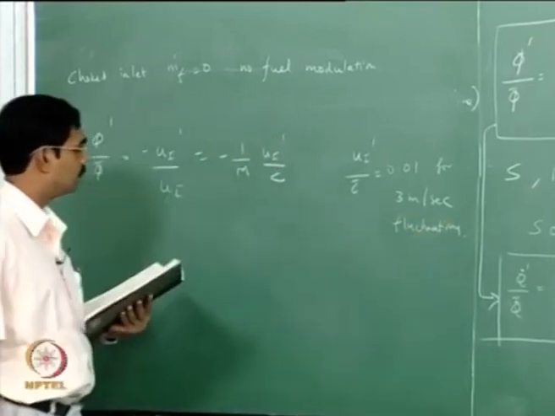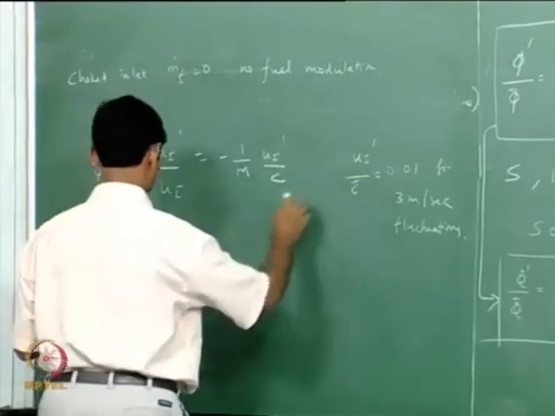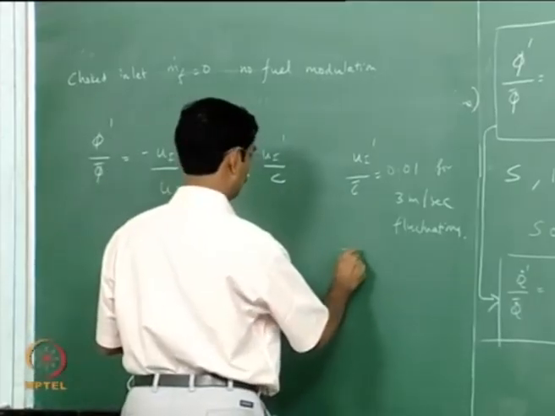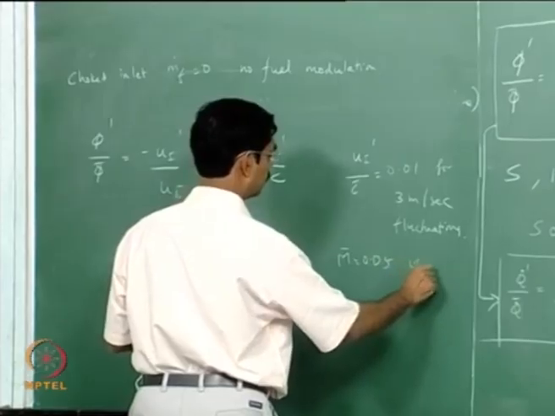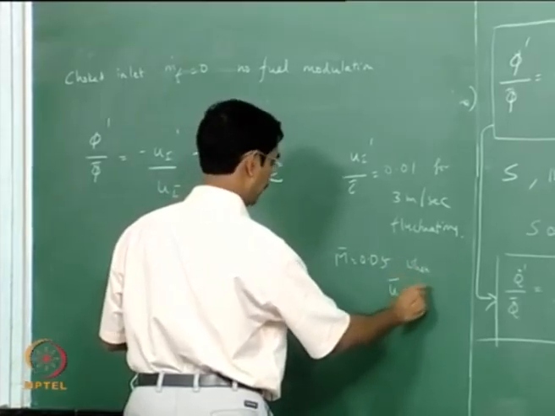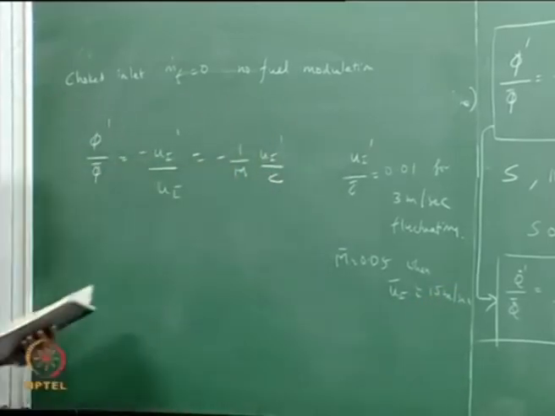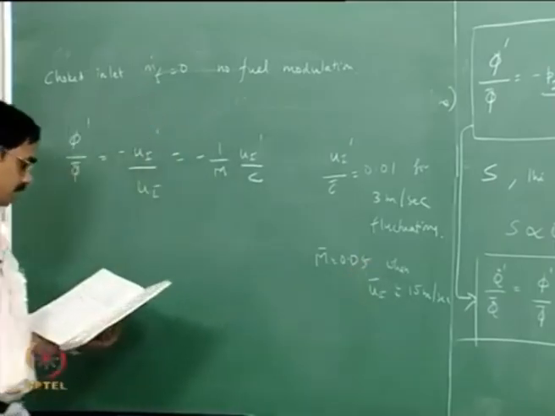u prime by c bar is 0.01 for a 3 meter per second fluctuation of that order, and m bar will be 0.05 when u bar is 15 meter per second. If the flow velocity is 15 meter per second, then m bar is 0.05.